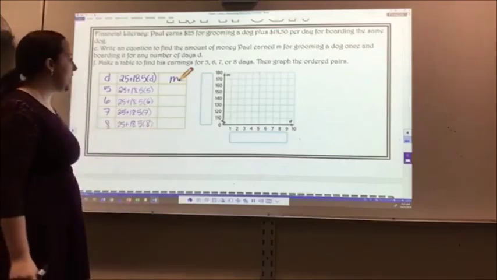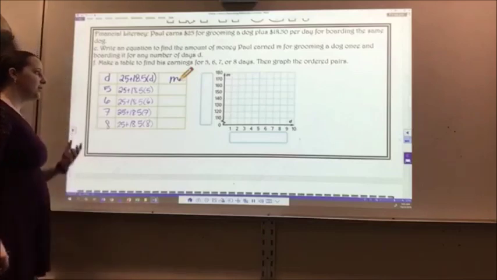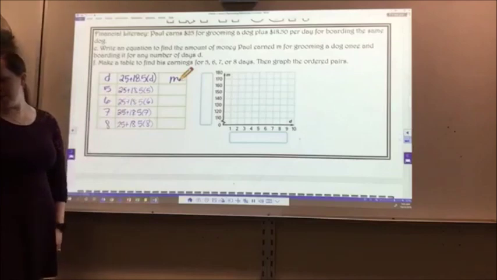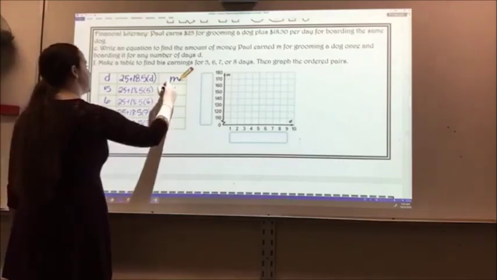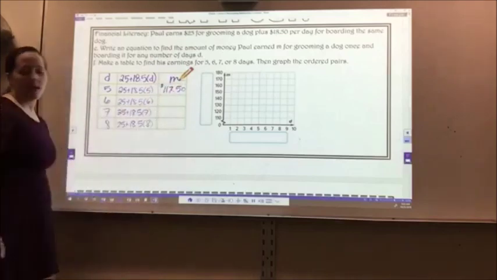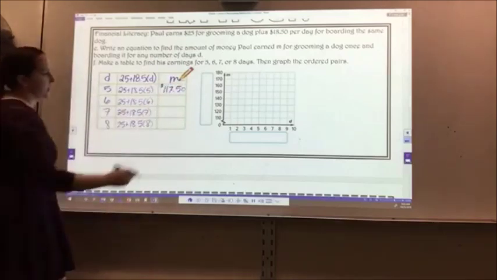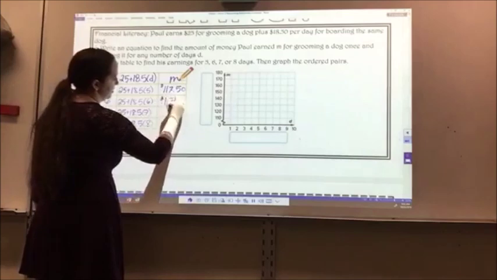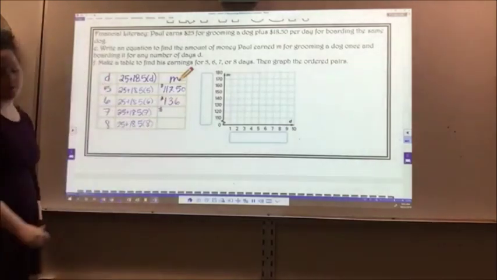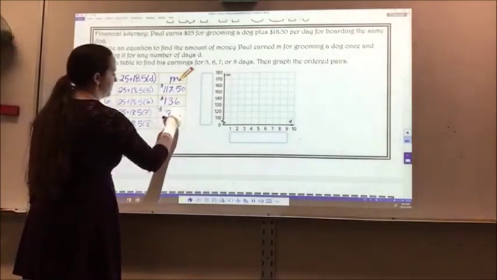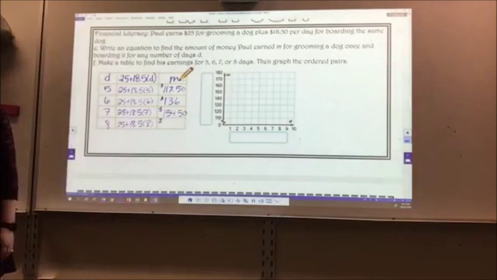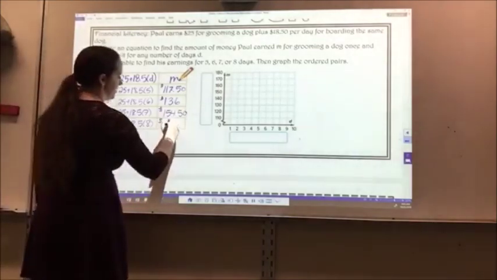Remember to use order of operations when you're solving these. So when I solve all of this, for M, I get $117.50. For 6 days is $136. For 7 days, I get $154.50. For 8 days, I get $173.